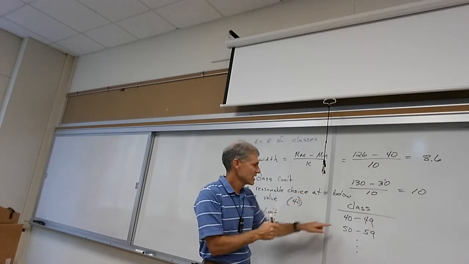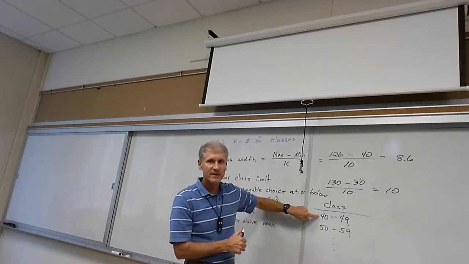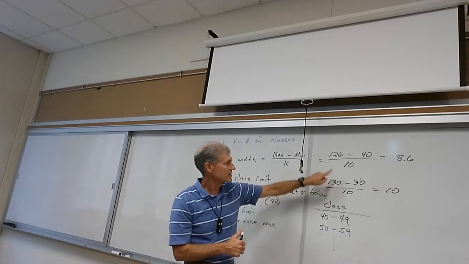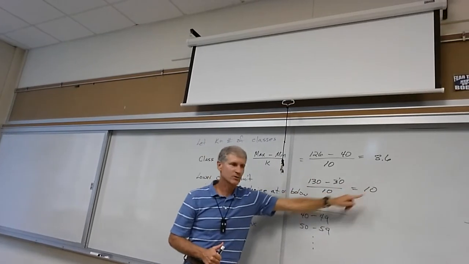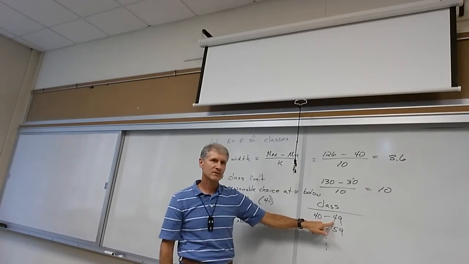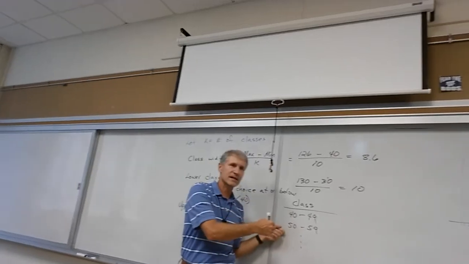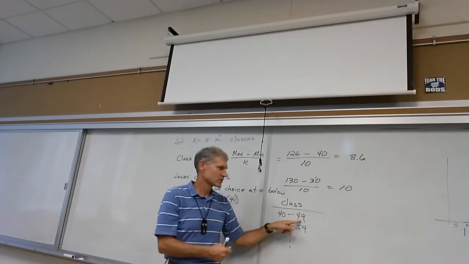Right? The next class, so the starting point for the classes includes that value. And they're going to be 10 units apart because that's my class width. So you start at the beginning, you just add 10, and you say, okay, where do I stop this one? Stop it at the next number below the start of the next class. If they're all integers, you can stop at 49.